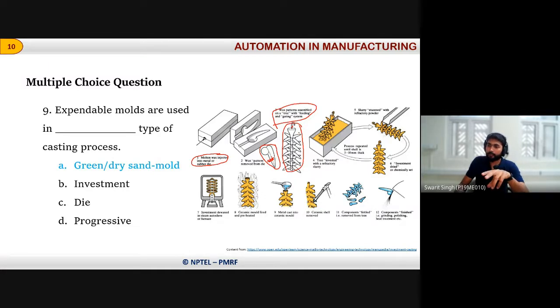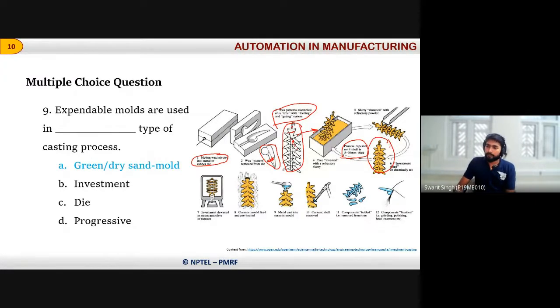Then this wax pattern is dipped into the slurry, and a coat of slurry, about 5 to 10 mm thick, is deposited over the wax surfaces, and the complete assembly looks like this.